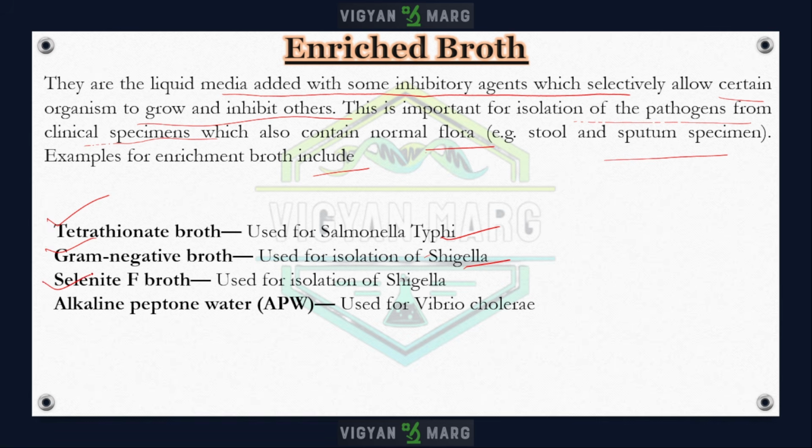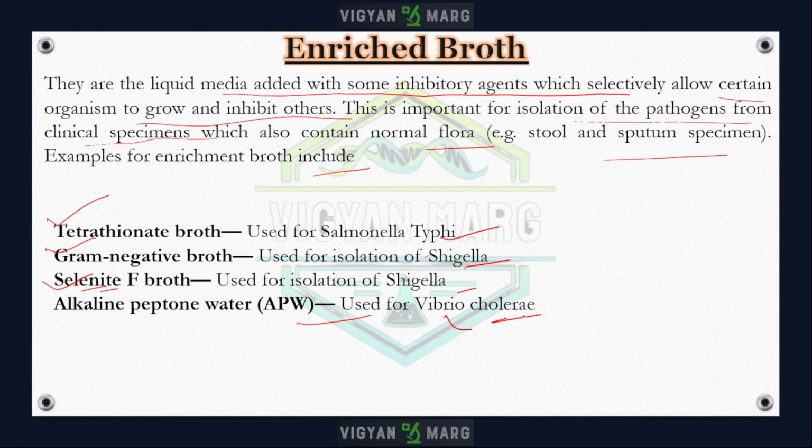And another is selenite F broth, which is also used for Salmonella and Shigella from stool samples, where selenite acts as a selective agent. And alkaline peptone water is used for Vibrio cholerae. Its high pH and composition inhibit many other bacteria while helping Vibrio cholerae to grow.